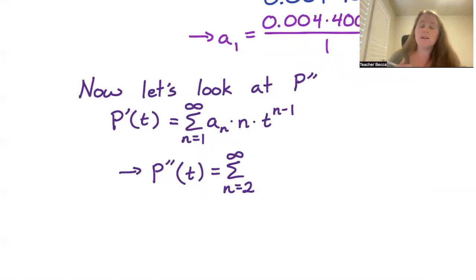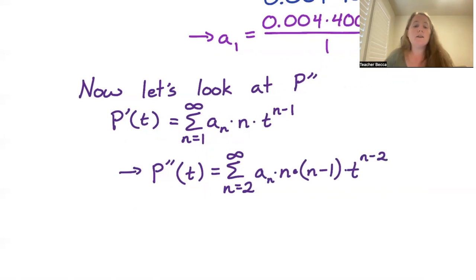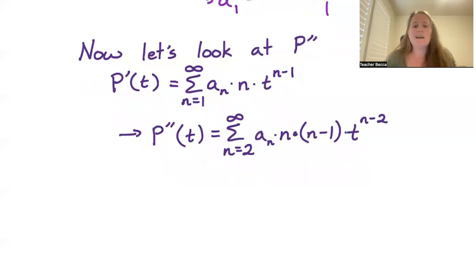When we differentiate, it disappears. It goes to 0. So we keep eliminating the first term. Our a sub n times n is a constant. Derivative of t to the n minus 1 is n minus 1 times t to the n minus 2. So the second derivative, we have the sum from n equals 2 to infinity of a sub n times n minus 1 times t to the n minus 2.